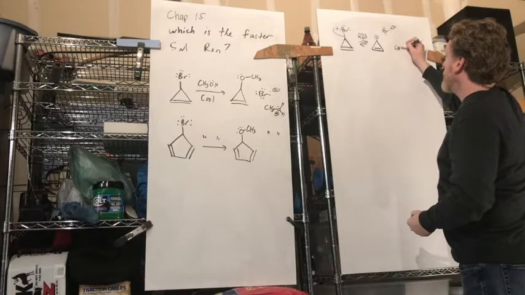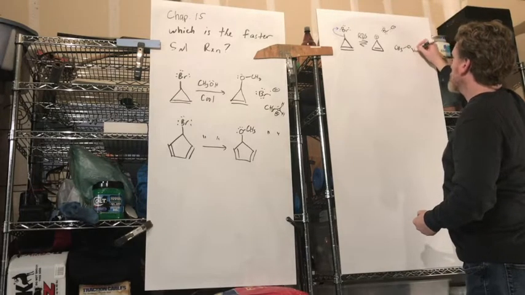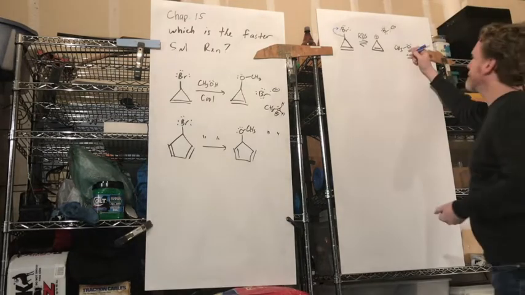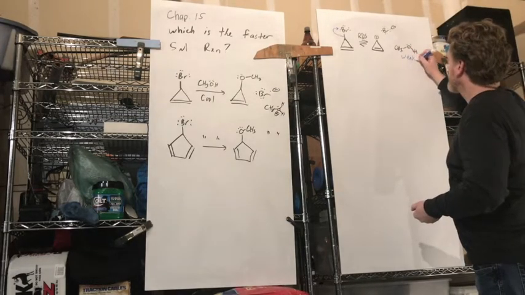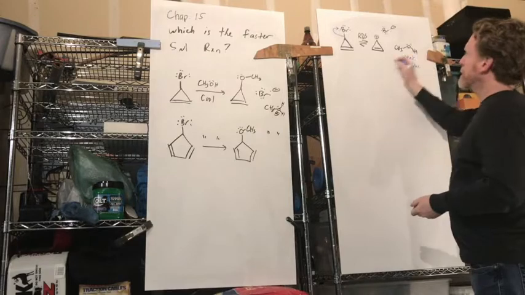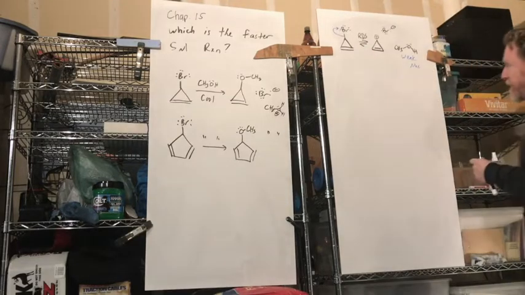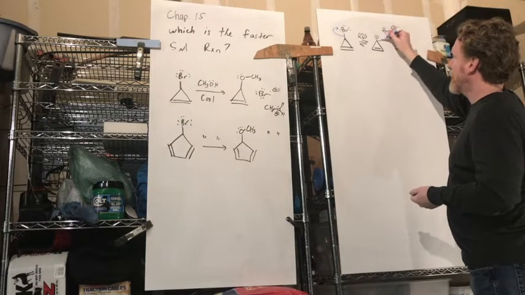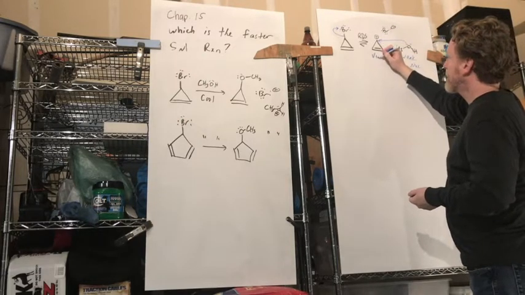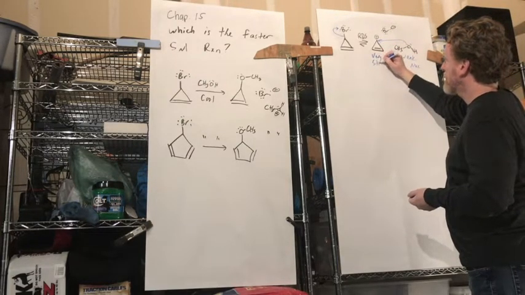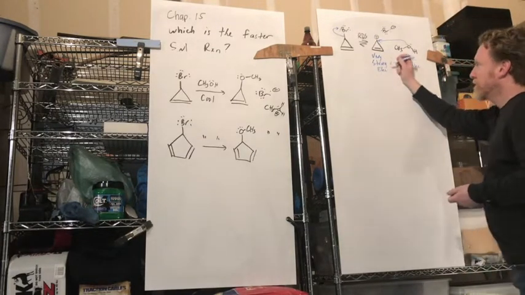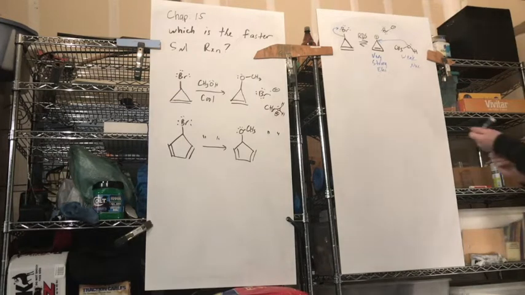And now the methanol, is it a weak or a strong nucleophile? It's a weak nucleophile. So it wasn't going to react with the bromide before it came off, but once it comes off, this carbocation is an extremely strong electrophile. So they'll react because one of them is very strong.